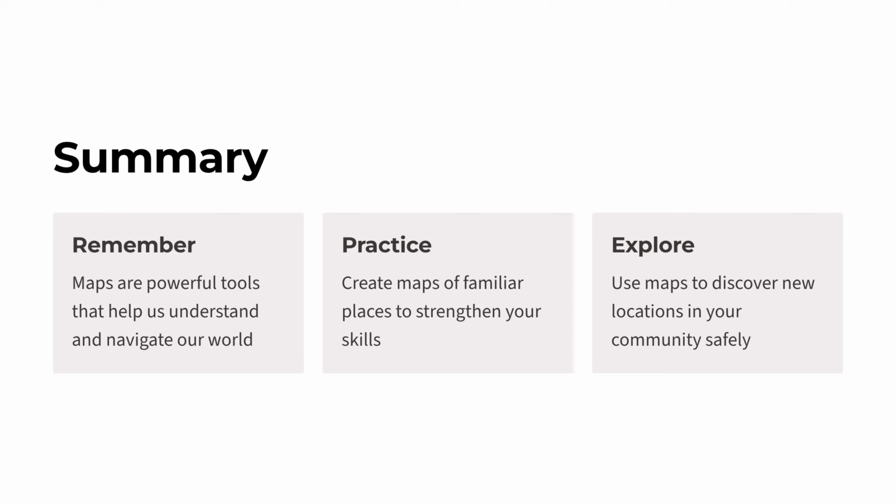Remember, symbols are what you see on the map, and the legend explains what they mean. Then we explored physical and human features. Physical features come from nature, like rivers and mountains, and human features are made by people, like roads, buildings, and farms. We also learned how to locate landmarks by using direction and distance. For example, the bank is 500 meters north of the school.